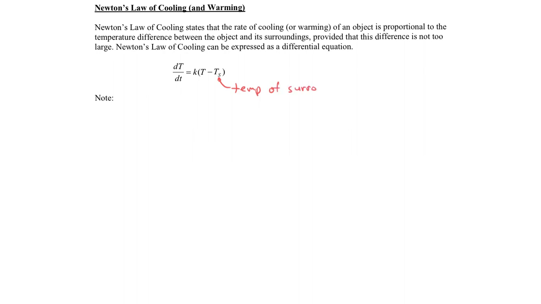And this has to be a constant, or at least very close to constant. Capital T, here and here, is the temperature of the object.